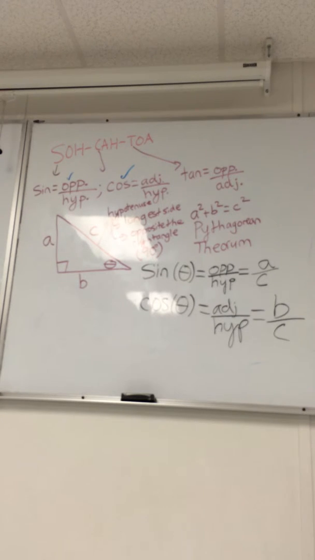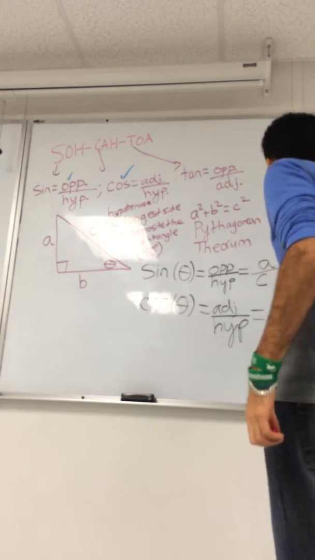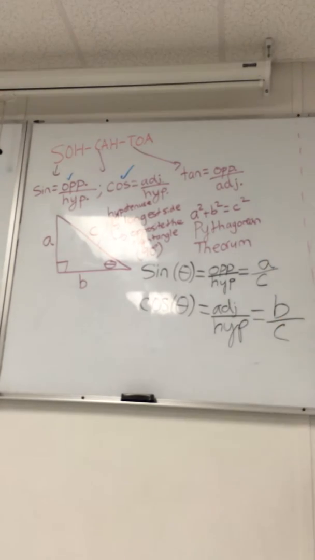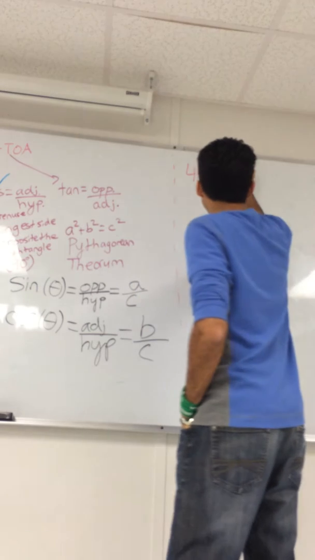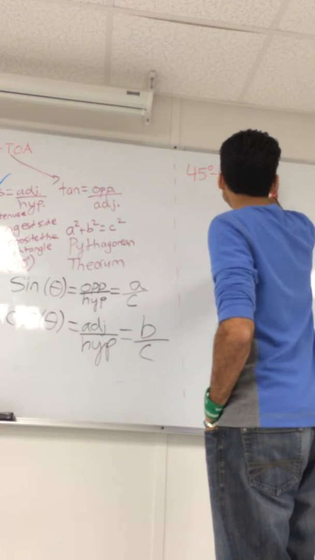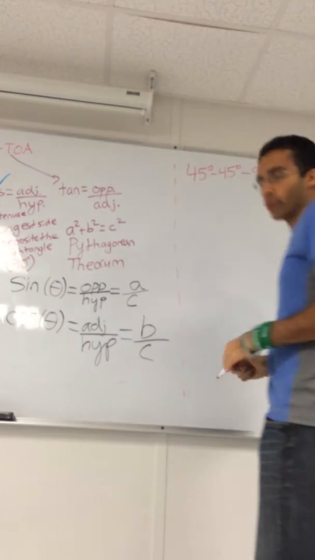And now this is where we're going to make our money for the next 8 weeks. If you know this, what I'm about to do, the unit circle will be like this. You all might recall this. Oh, the 45, 45. Yeah. 30, 60, 90. Let's start with a 45, 45, 90.